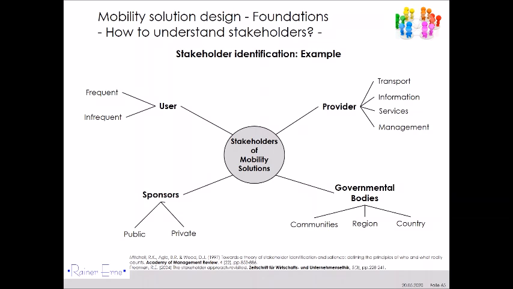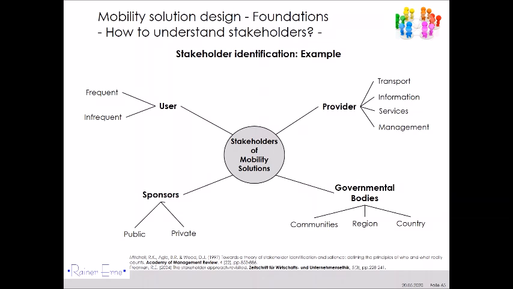Other stakeholders might also be providers, transport providers, information providers that could be the same stakeholders or different, service providers, and the transport management. Another group of stakeholders which might be interesting are governmental bodies on a country level, on a region level, or community level.